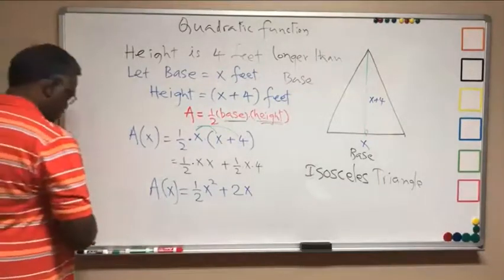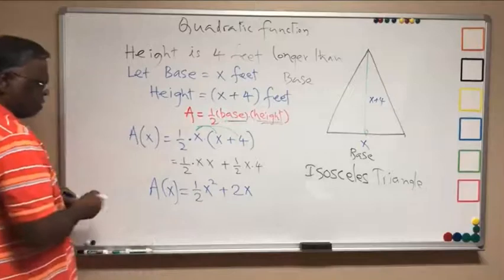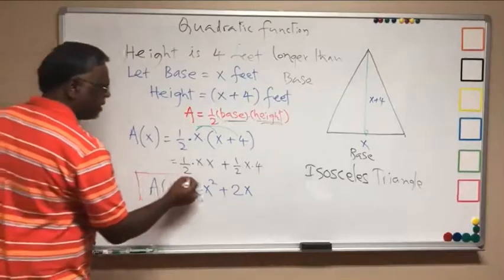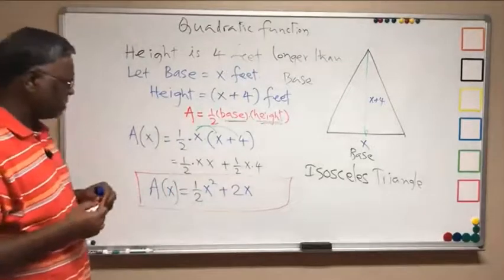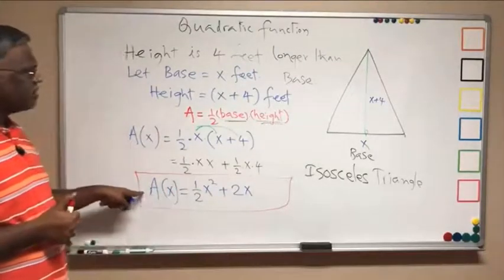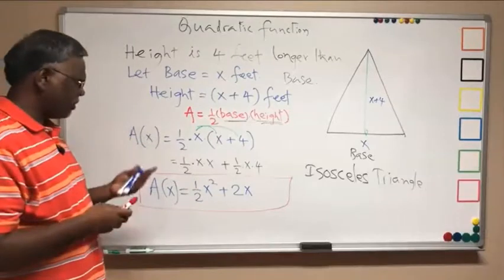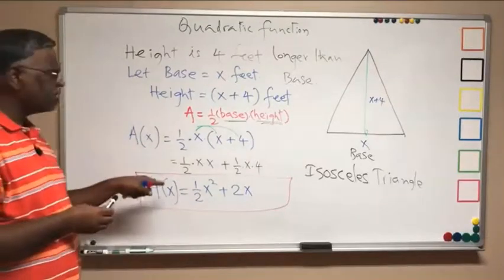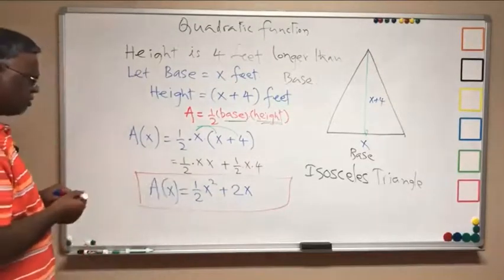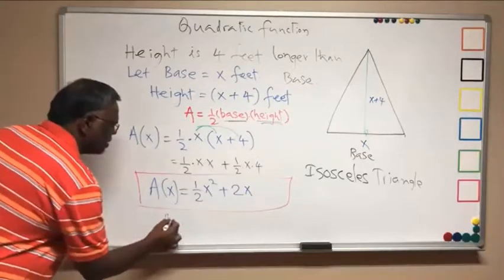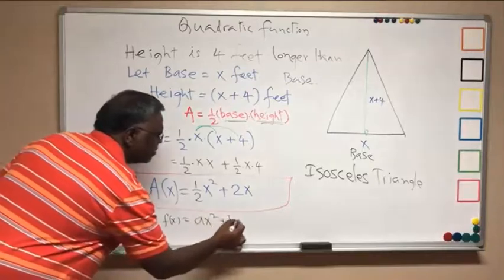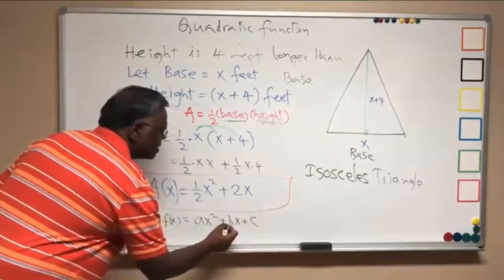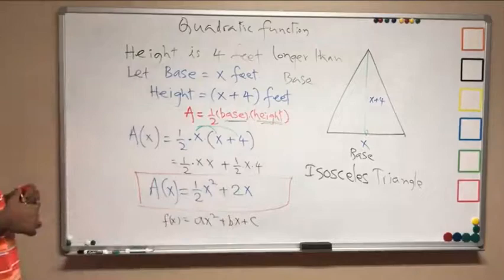Now this is nothing but the standard form of a quadratic function. You can see that something is missing there. What is that missing? If it was f of x, I would have ax squared plus bx plus c. This is the standard form of a quadratic function.